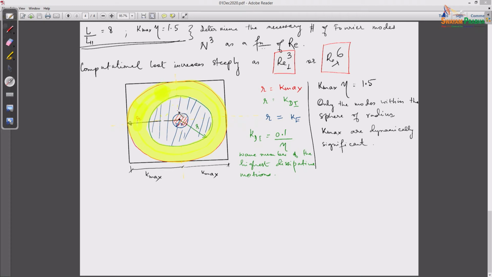We also saw that the computational cost increases steeply as the cube of the Reynolds number of the turbulent flow, and the Reynolds number of the microscale movements of length scale, which I am representing by lambda.